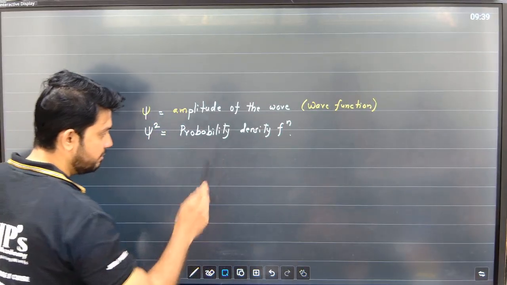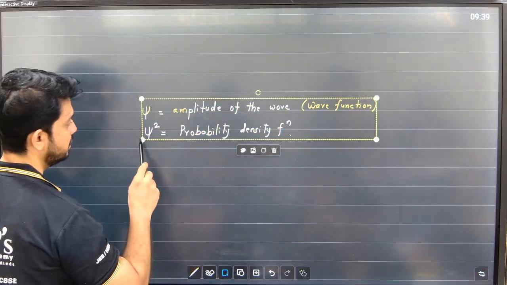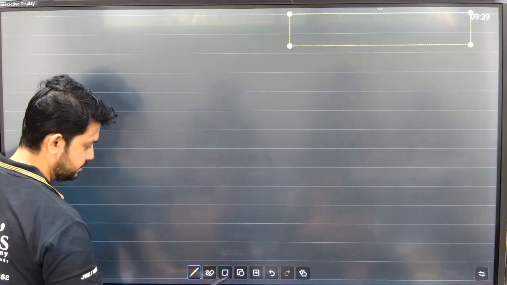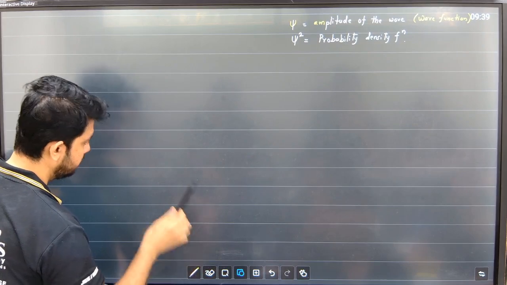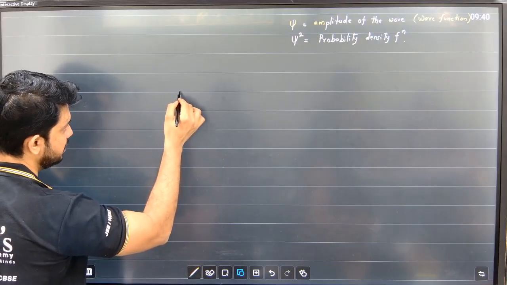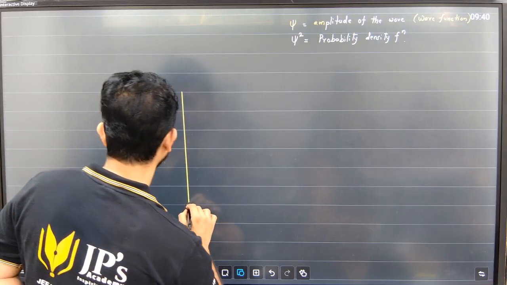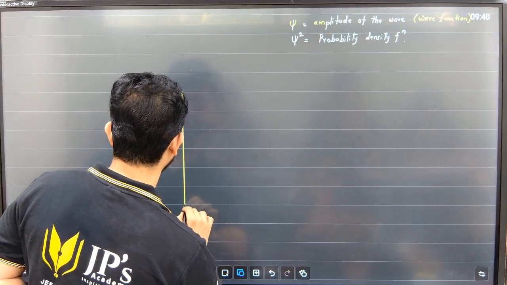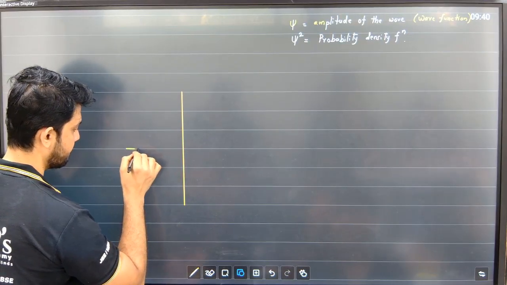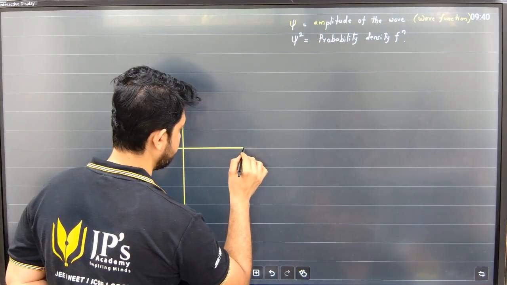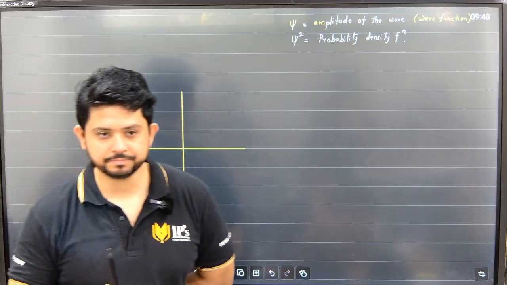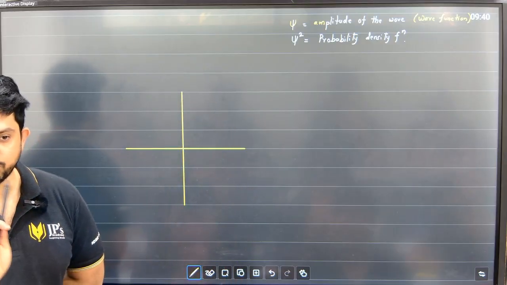Now, when this was mathematically solved, so what was observed is, in case of S subshell, I repeat, जब इसको solve किया था हमने mathematically, ठीक है, this is your x-axis, this is your y-axis. Center origin पे it's the nucleus.